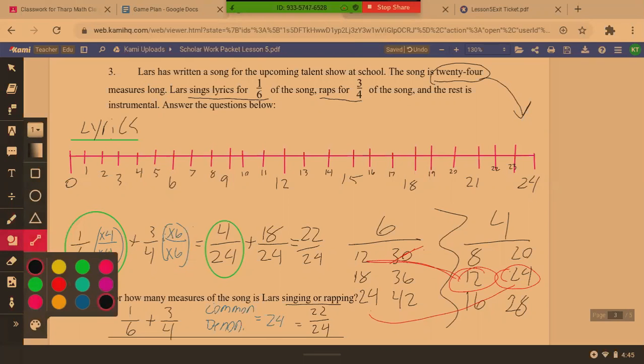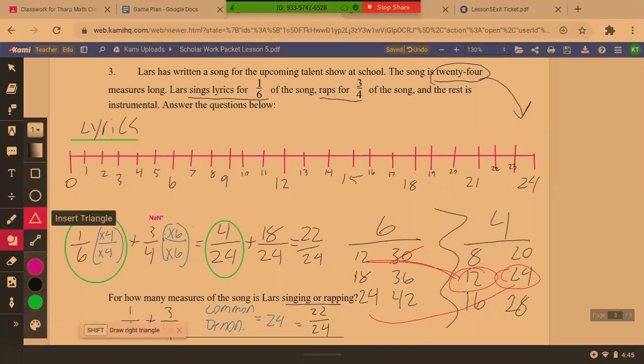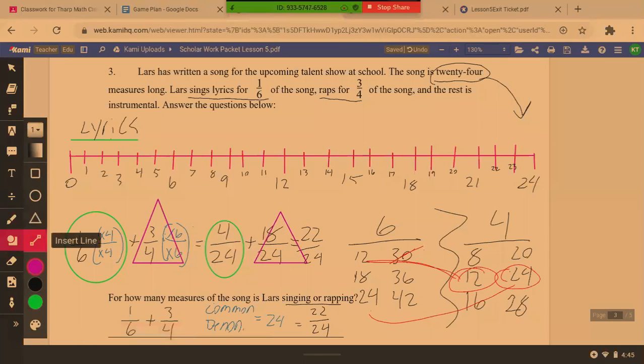So another color I can use. I'll do purple. Okay. So raps. Oh, that's a bit off. So 18 out of 24.